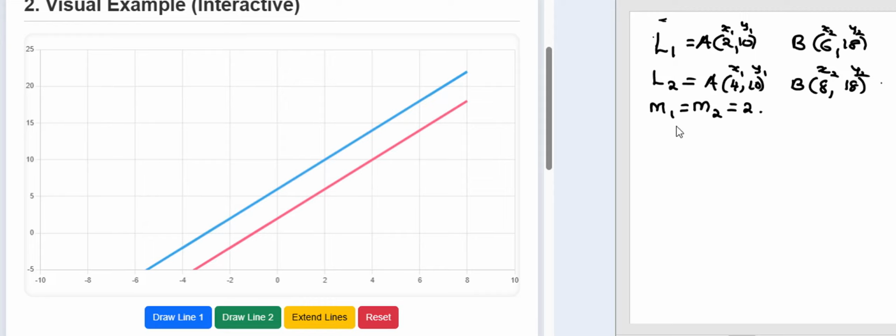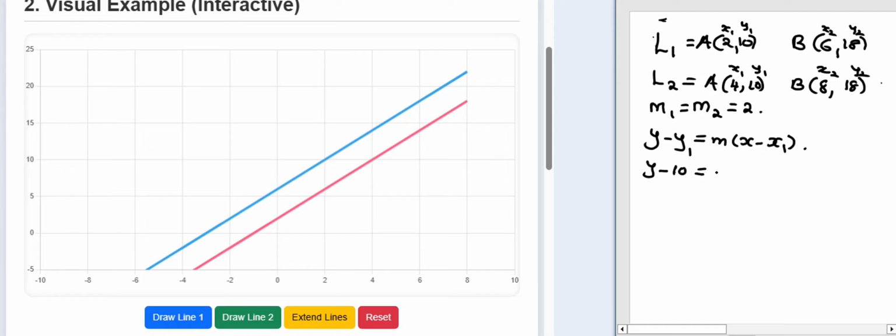So to find the intercept of line 1, I can just say y minus y1 is equal to m, which represents the gradient, times x minus x1. So here it becomes y minus y1, but we already know y1 is 10, is equal to m, which we already know is 2, times x minus x1, which we already know is 2.